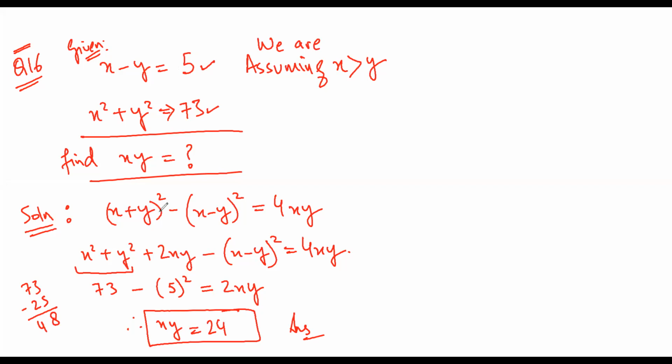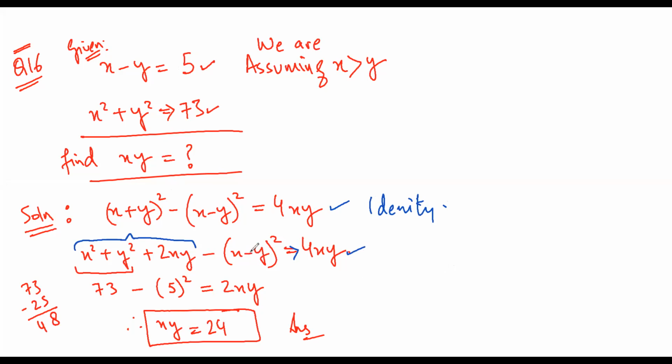I know that (x plus y) whole square minus (x minus y) whole square is equal to 4xy. This is the identity which is given in the book. So (x plus y) whole square, I can expand this to be equal to x square plus y square plus 2xy, minus (x minus y) whole square is equal to 4xy. Any doubt about this? No, sir.